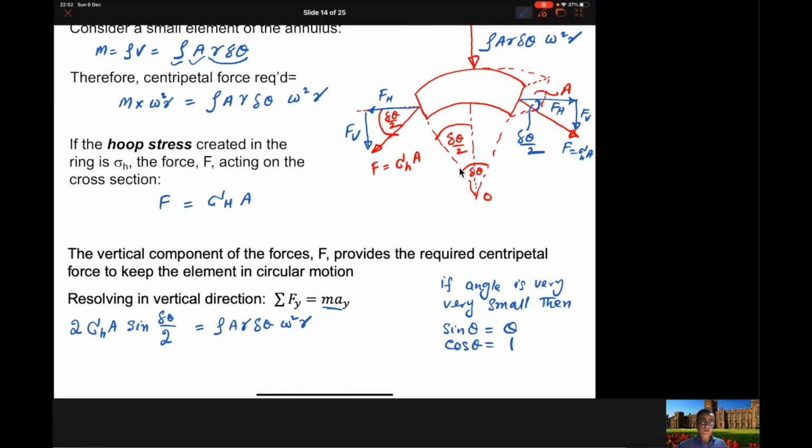In this case, because this angle delta theta is very small, we can replace sine of delta theta by 2 by just delta theta by 2. So what we have here is 2 sigma h A delta theta by 2, and on the right hand side again we have this term here.